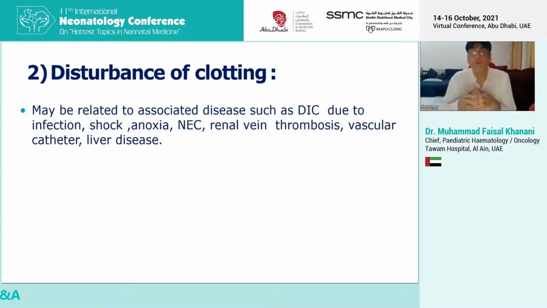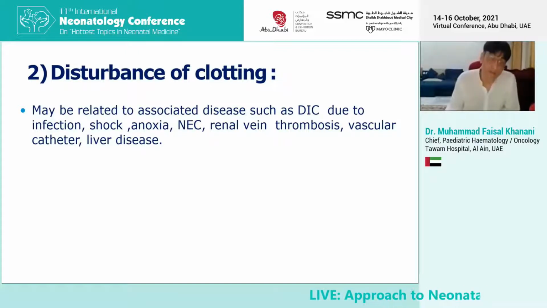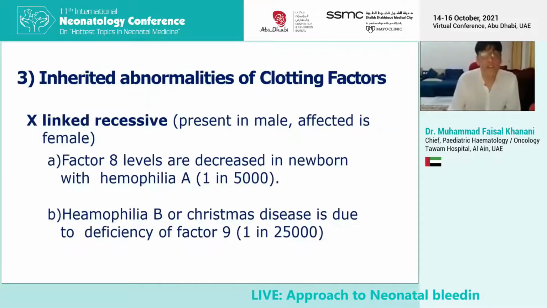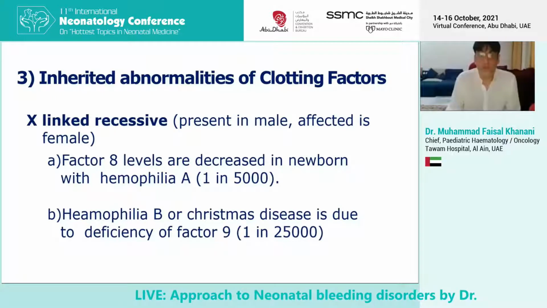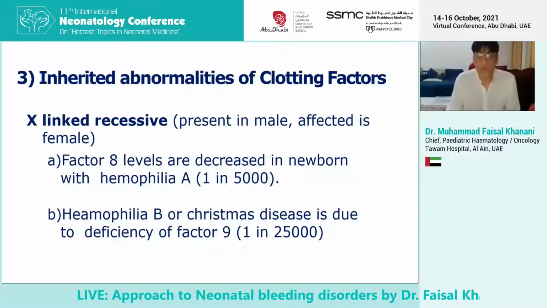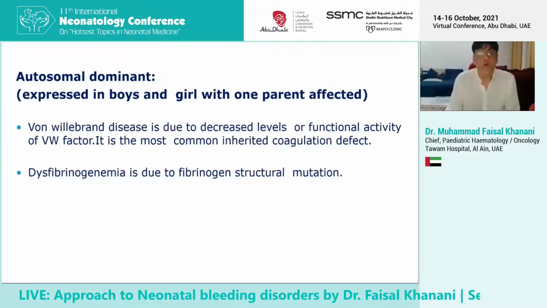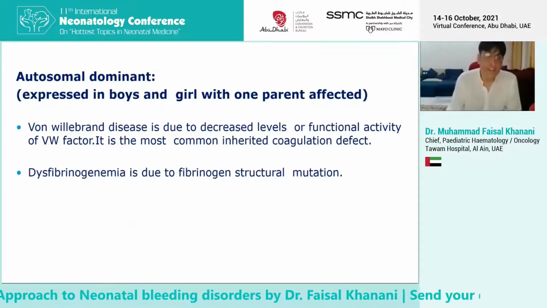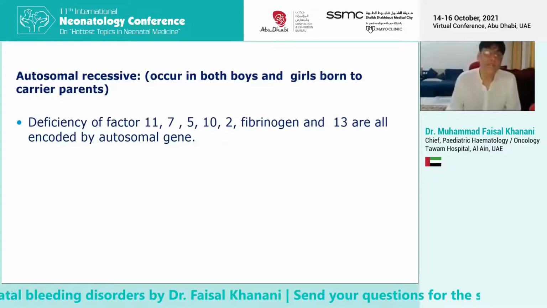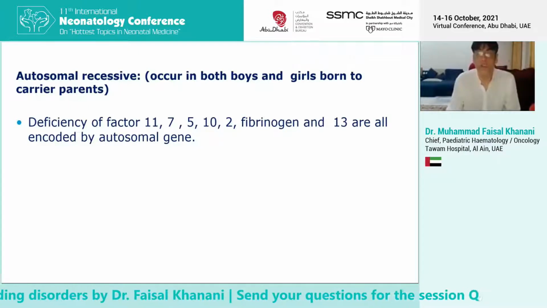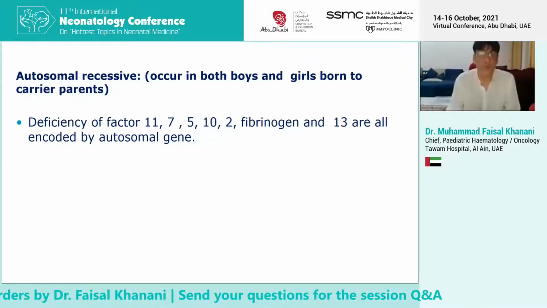Disturbance of clotting may be associated with DIC due to infection, shock, anoxia, NEC, renal vein thrombosis, or vascular catheters, especially in neonates. The inherited abnormalities are X-linked, which we covered, like hemophilia A or B. Autosomal dominant are von Willebrand disease and dysfibrinogenemia. Autosomal recessive are deficiencies of factors 11, 7, 5, 10, 2, fibrinogen, and 13, all by autosomal genes.